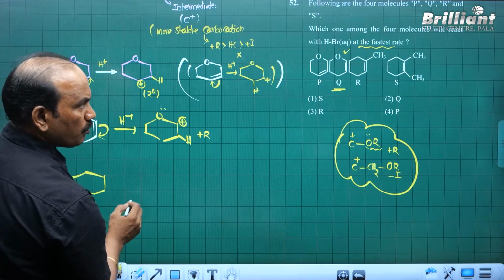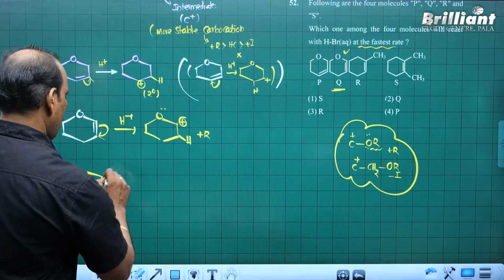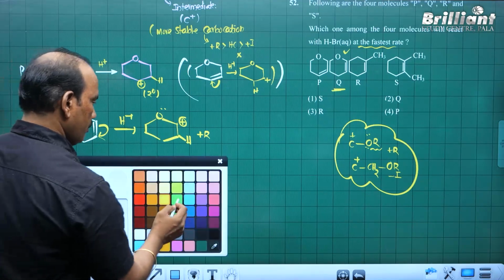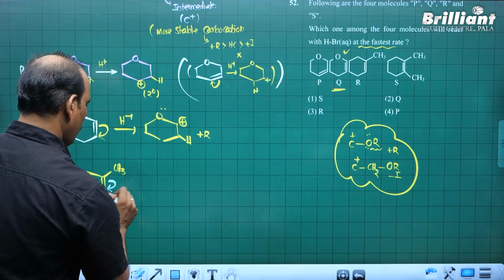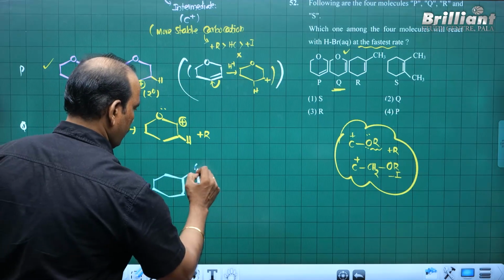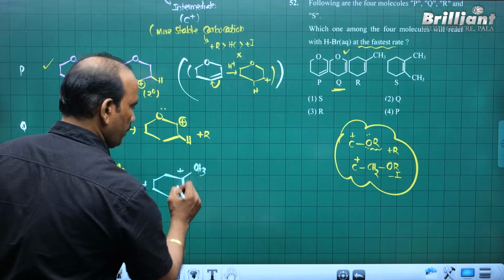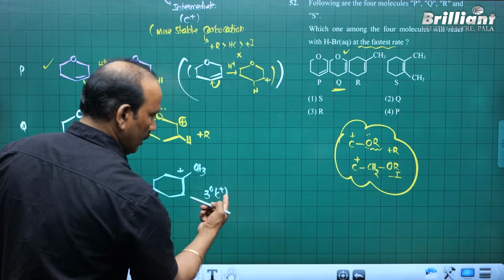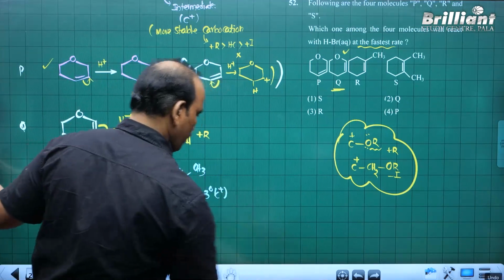Okay, so CH3. This is going to this side. Here CH3, here plus. Here 3 degree carbocation. Compared to this one, plus R is dominated.